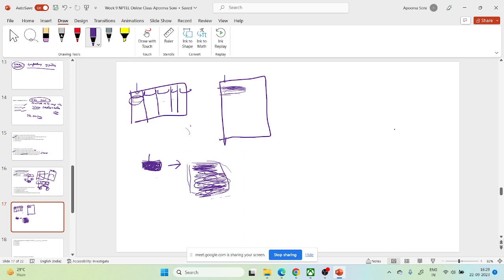And always there is a tracking dye. In the case of SDS, if this is your sample, the tracking dye would be somewhere here. The tracking dye is basically used to track the run, how much your sample has run.